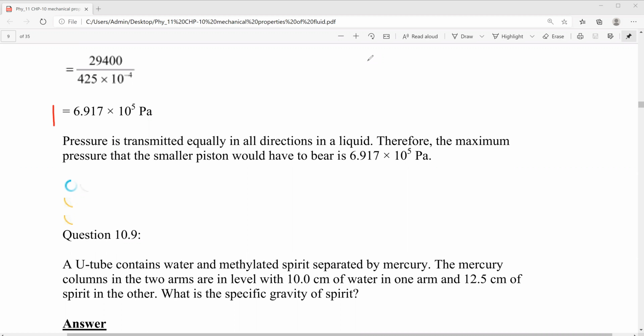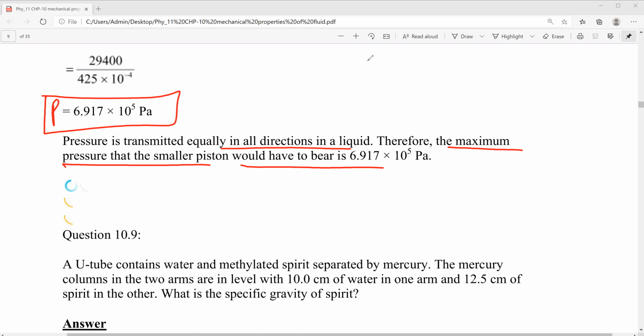If we calculate, the pressure we got is 6.917 × 10^5 Pascal. Therefore, pressure is transmitted equally in all directions in a liquid. Therefore, the maximum pressure that the smaller piston would have here is 6.917 × 10^5 Pascal. So, this is the solution for 10.8.